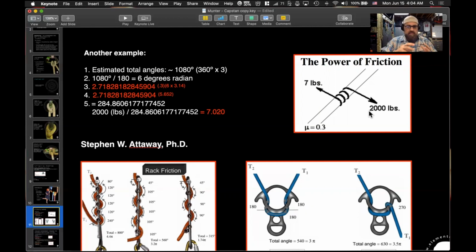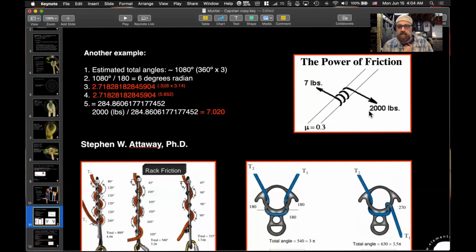I've got to add something with a ton more friction to be able to lower something that heavy or that big of a package. I need to re-rig this thing, potentially add a bunch of stuff into it, go to a bigger device. Maybe I need to get into an ID or something like that. When in reality, you probably don't.